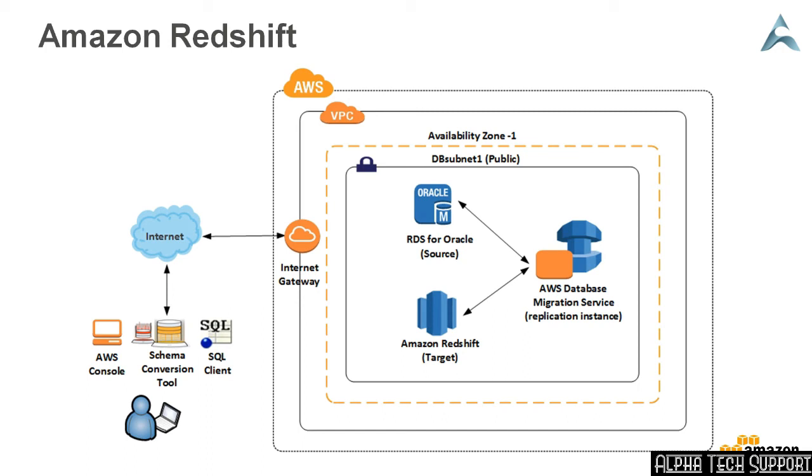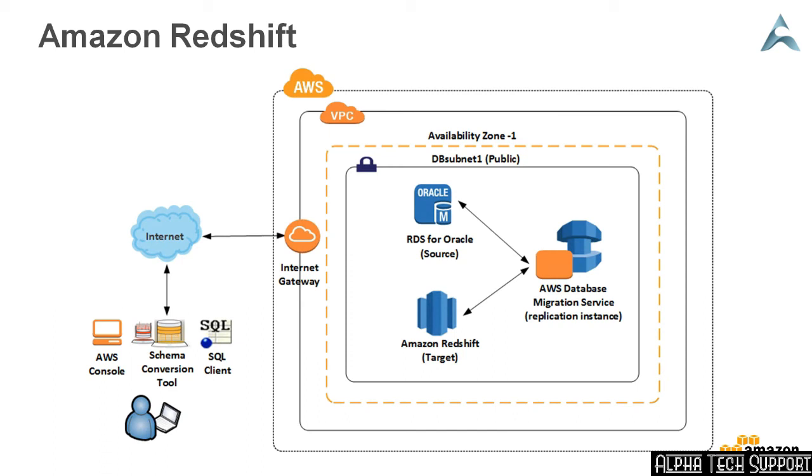So this is another case of how Redshift works. A person can log in with AWS console, check schema conversion tool, perform SQL operations based on SQL client hosted on internet. The internet gateway goes to availability zone for RDS, Redshift, or data migration service.